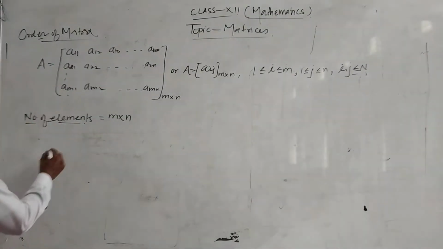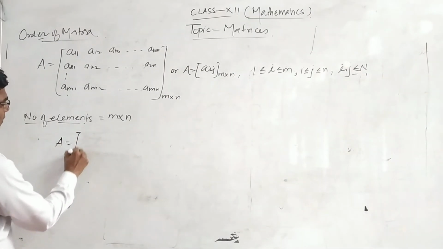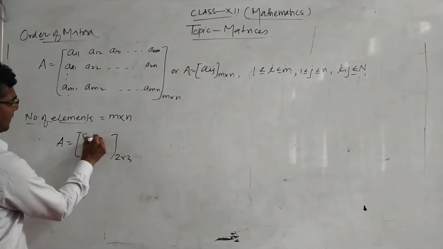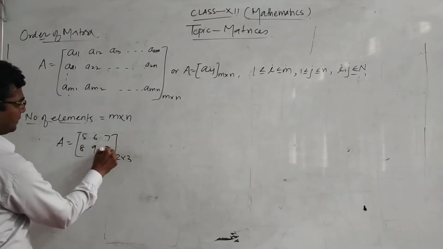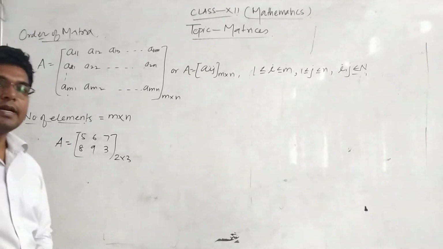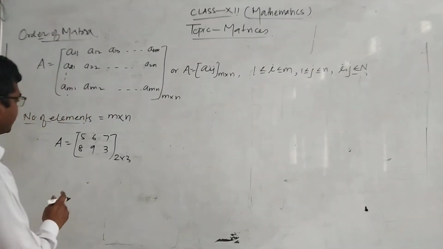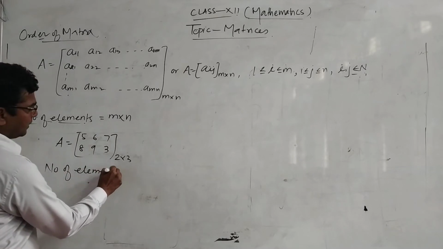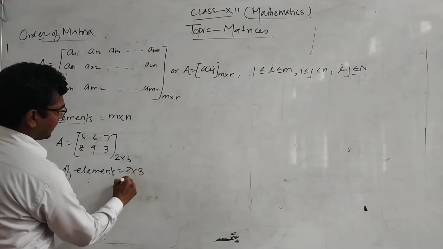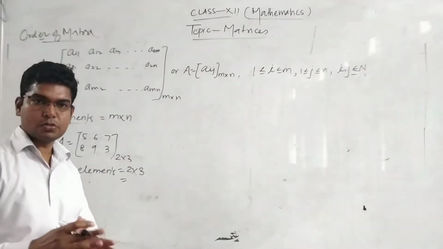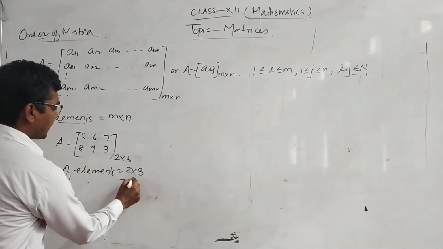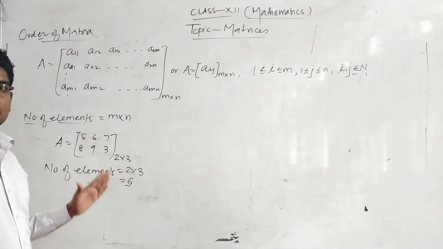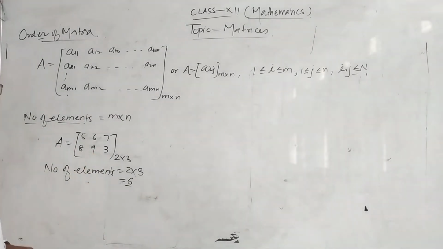For example, we have a matrix of order 2 by 3. How can we write the number of elements? It is very easy: the number of elements will be the product of the number of rows and number of columns. So clearly this matrix has 6 elements or 6 entries.